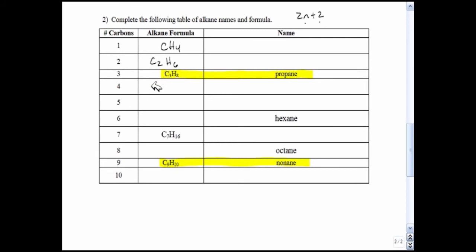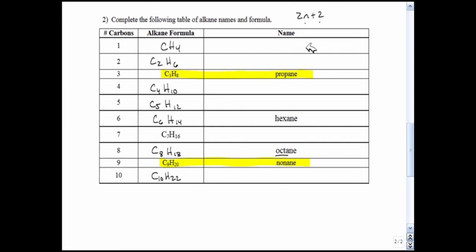If we have 4 carbons, 2 times 4 is 8 plus 2, 10. C5 is C5H12. Hopefully you're seeing the pattern here. C7H16. C8H18, we've already talked about that one, that's called octane, because oct means 8. And then finally C10H22.